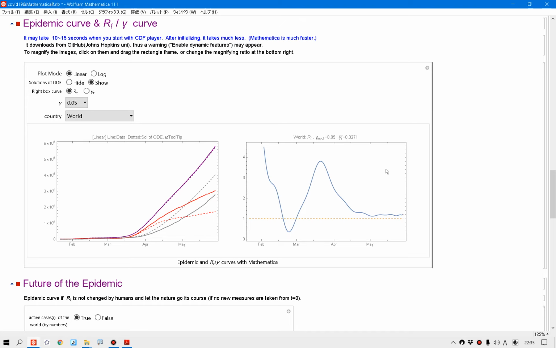And RT equals 1.2. That's my guess. If gamma is 0.027, RT equals 1.4. So I think it is between 1.2 and 1.4.